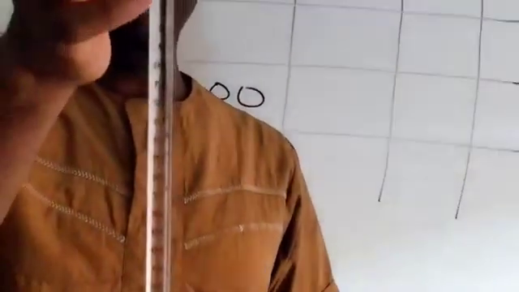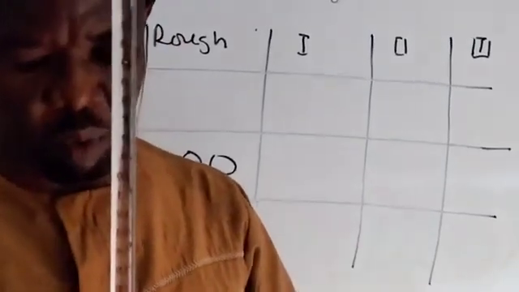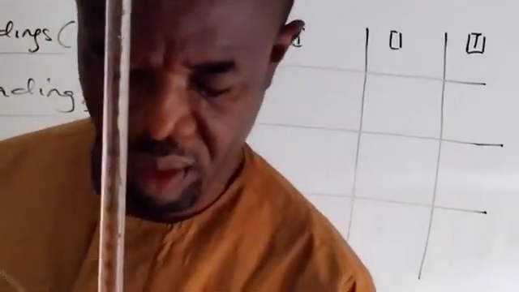So we're about to start the titration with acid level at 0. Bring a white tile under and bring the conical flask under. And then we'll start titrating. We'll allow the acid to run into the conical flask drop by drop. As it's going, you shake your flask.